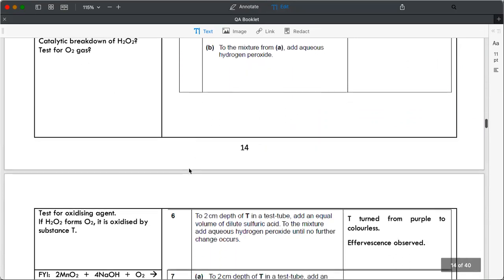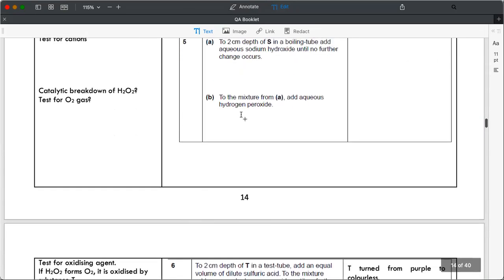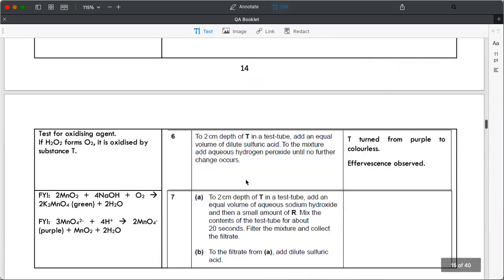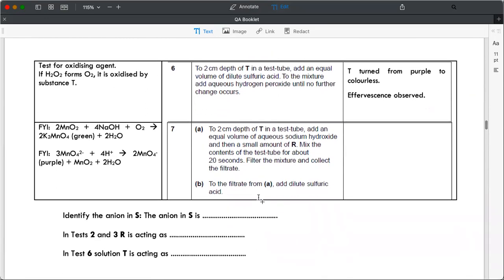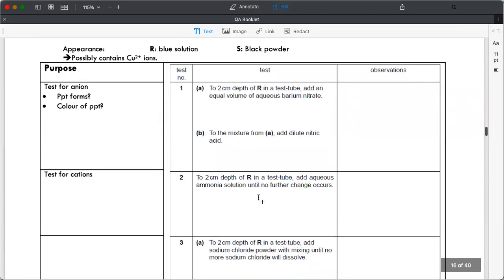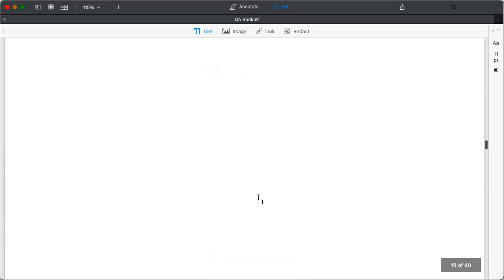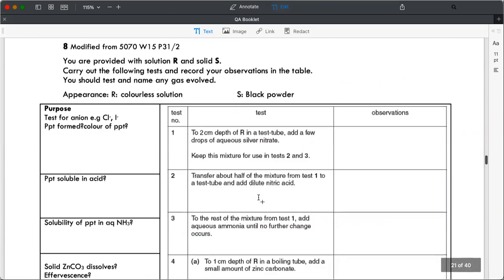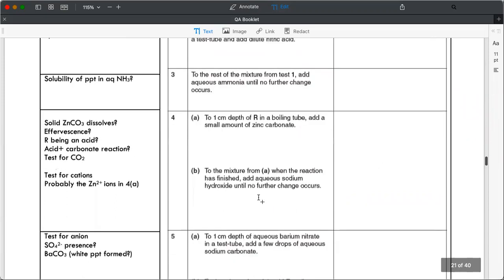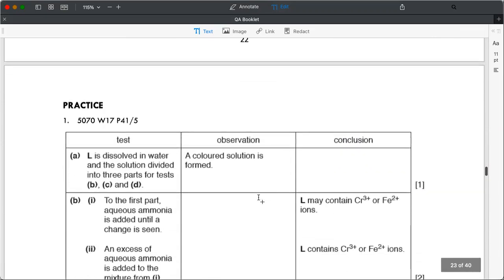They even give things like hydrogen peroxide decomposition, where oxygen gas is involved, and you may even need to test for oxygen gas. Then more examples here, and lastly, just a repeat of more examples, drilling.